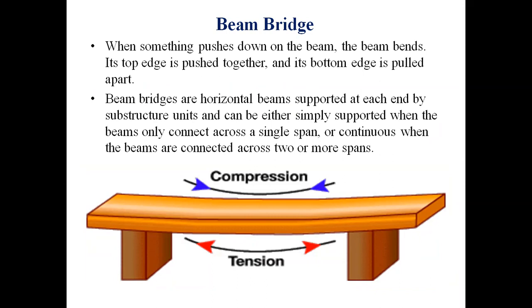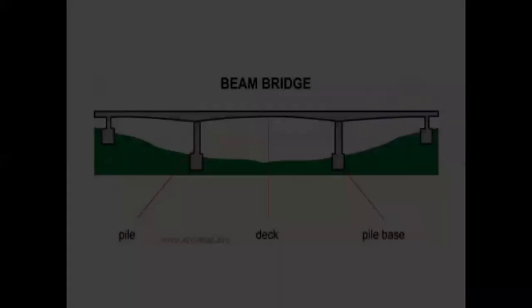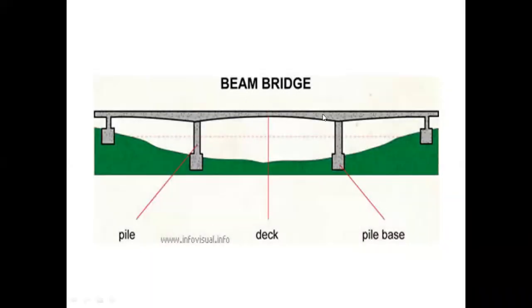As we all know, in beam action the bottom fibers are subjected to tension, and the fibers above the neutral axis are subjected to compression. This is what beam action is, so these bridges are called beam bridges. See, example, this is how a beam bridge looks like. There will be piers and there will be a slab on the top.